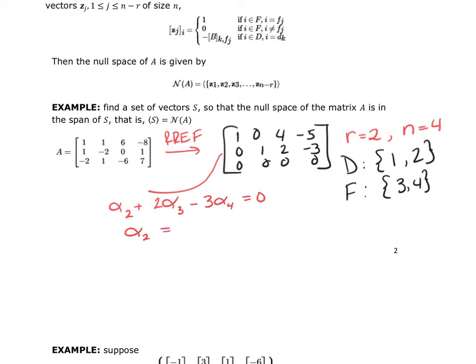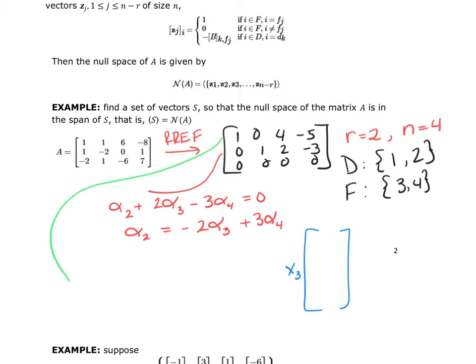Alpha sub 2 is equal to -2 alpha sub 3 plus 3 alpha sub 4. So when I start thinking about my null space, let's go ahead and build that. I'm going to have my x sub 3, and then I'm going to put in the entries as the coefficients of the null space.